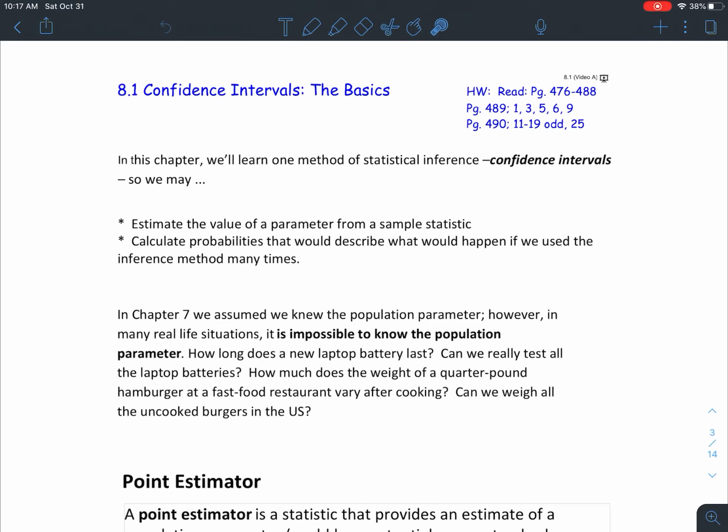For example, if we wanted to know how long a new laptop battery lasts, we're not going to test all the laptop batteries and let them all run dry so that they go completely dead, and then have our population parameter. We wouldn't be doing a census for that. Or if we want to know how much the weight of a quarter-pound hamburger at a fast food restaurant varies after cooking, we're not going to weigh all the uncooked burgers in the United States.